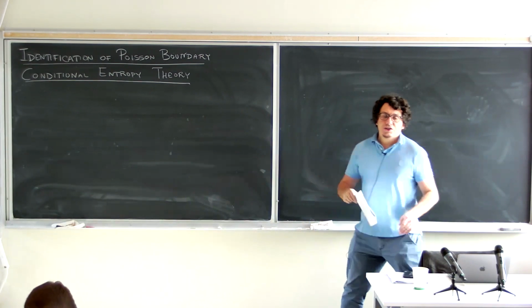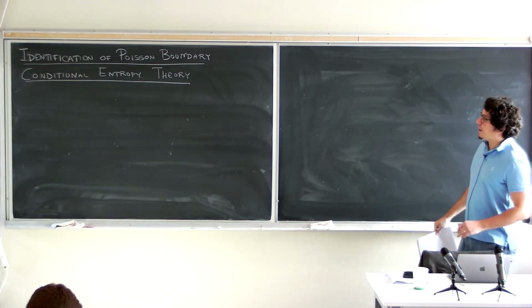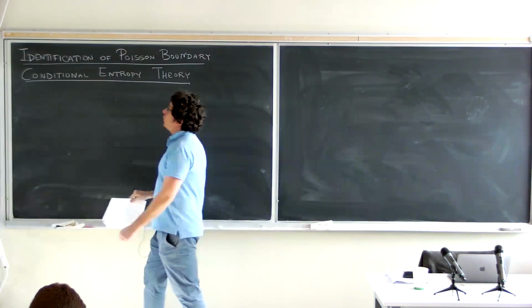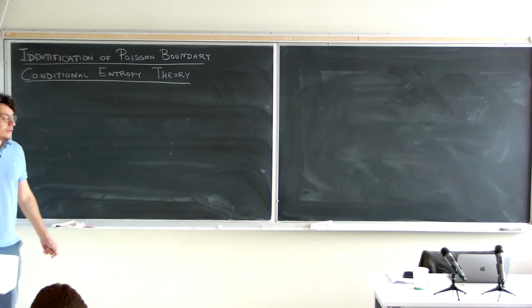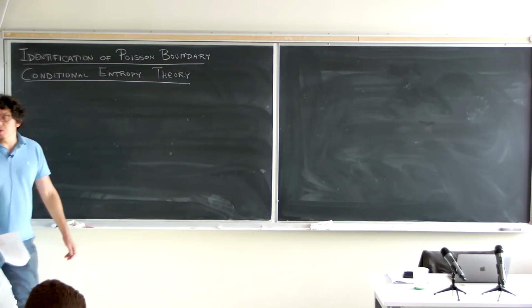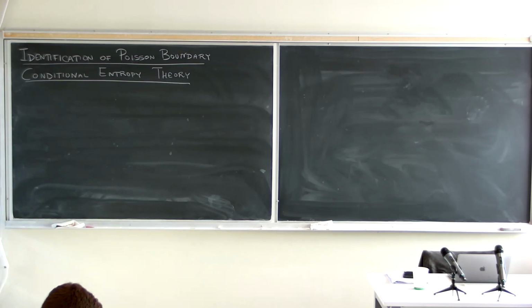So we discussed, more or less, at least the basics of the theory for lamplighter groups. Now, what we really care about for the end of the course is to identify Poisson boundaries for other types of groups, groups that have some hyperbolic properties, so they act on some space that has maybe weak hyperbolicity, but still something like that.